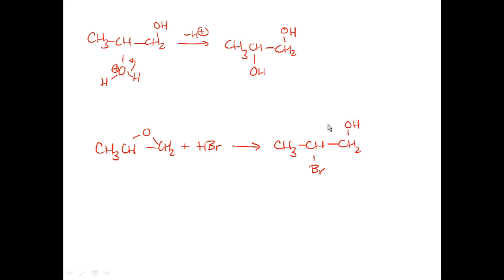You could go through the mechanism of this by protonating the oxygen and then putting the delta positive charges down on these two carbons and then adding the Br minus underneath to form this product. The same thing would be true for HCl.